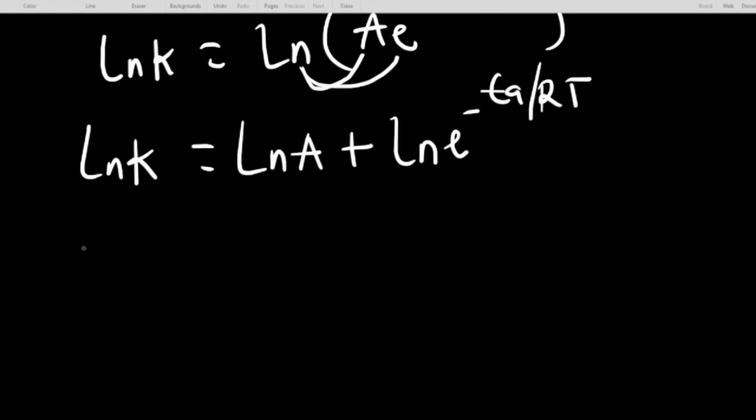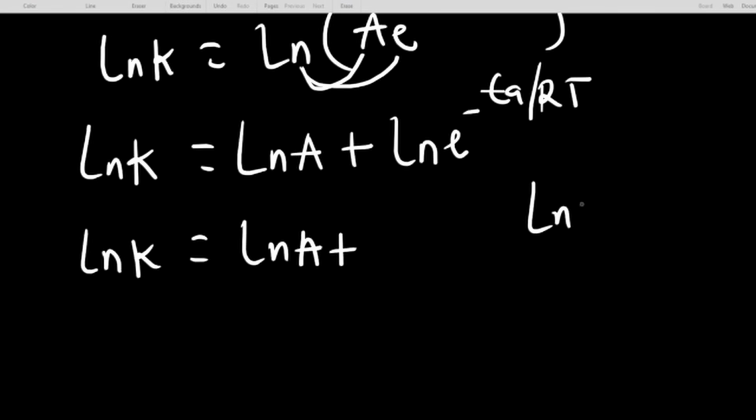Again, we have ln k is equal to, we copy this one down, ln A. Again, we have plus. Looking at this expression right here, which is ln e raised to the power of negative Ea over RT, we're also going to apply another logarithm law that says, suppose you have the natural logarithm of, let's say, m to the power of k.